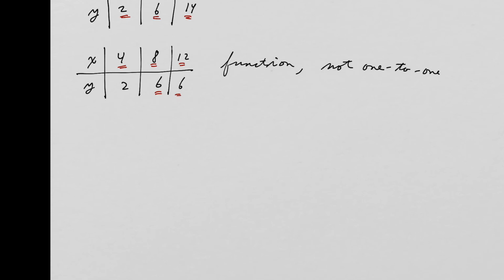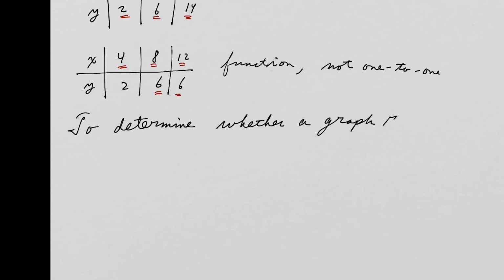To determine whether a graph represents a function, we can use the vertical line test.